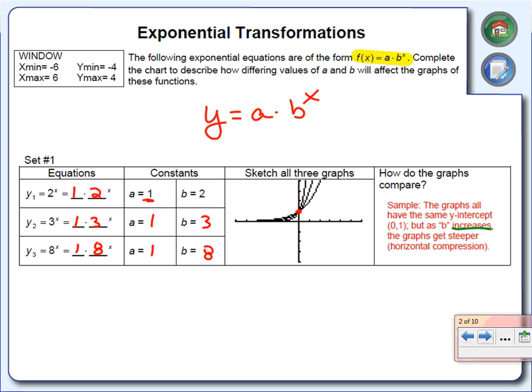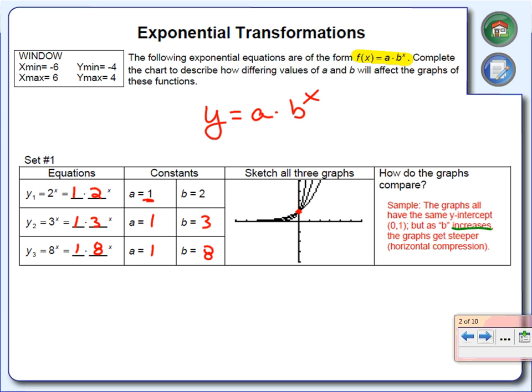I'm going back to that transformation that we talked about when we were looking at quadratics and square roots. It gives us a horizontal compression. We're squeezing it in from the sides, and when you squeeze this graph in from the sides, it's going to make your graph look a little steeper. So that's what the b value is doing. The bigger that number is, the more we're going to compress it. And of course, the more you compress it, the steeper your graph is going to be.